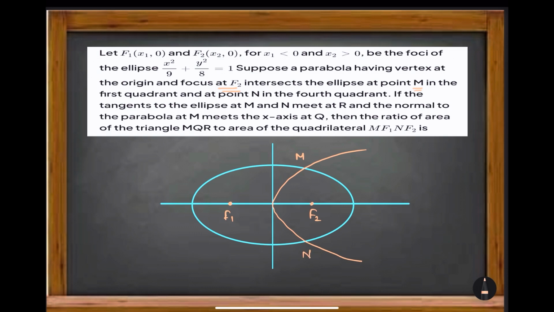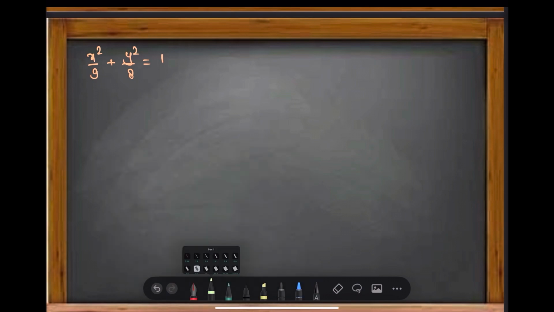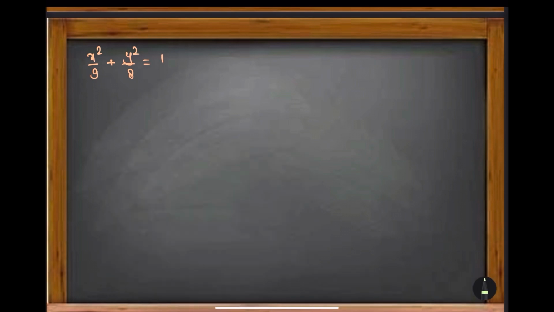Okay, so we have to find F1, F2, M and N, and later we will start reading the remaining part of the question. Suppose we got the equation as x square by 9 plus y square by 8 equals 1. For the foci we need AE, so we need E. For E we have to find the relationship between a, b and E. You know we always use b square equals a square times 1 minus e square.